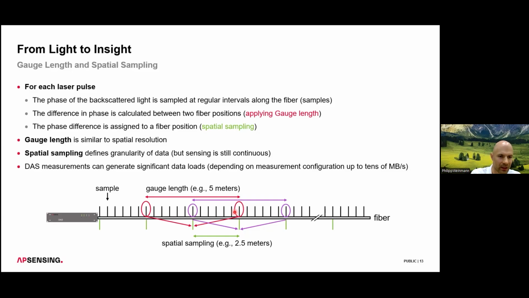For instance, if you have a few kilometers of fiber and you are using a pulse rate of 20 or 40,000 per second, then you easily can end up with a data load of tens of megabytes per second. So if you're running the measurement for 1 minute, you already have a few gigabytes of data.